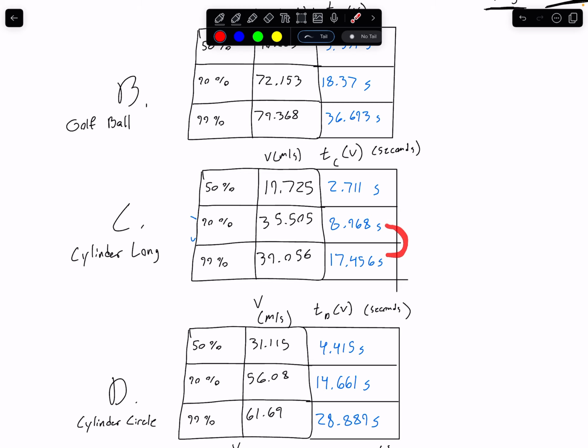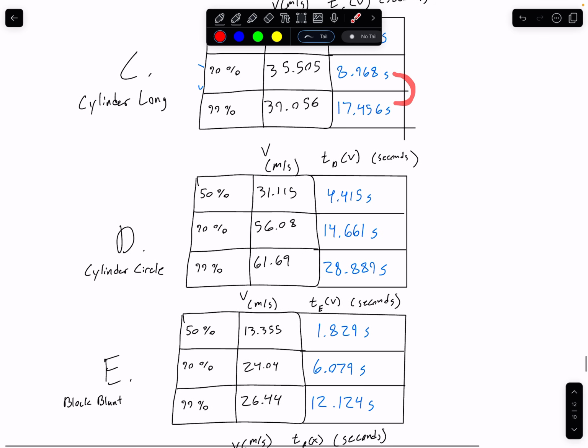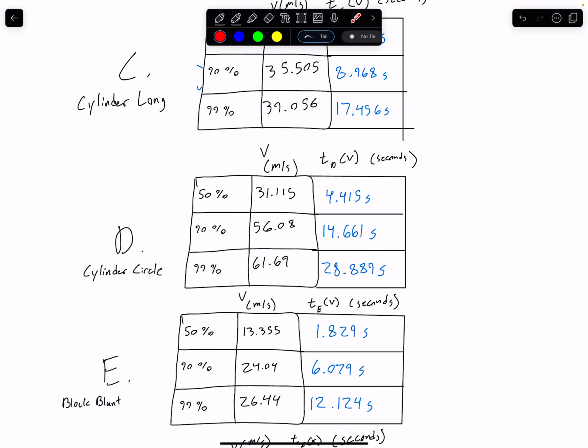And then for object D, the cylinder circle, I should also say we have a percentage, and then what that velocity is, that is what I inputted into the function.